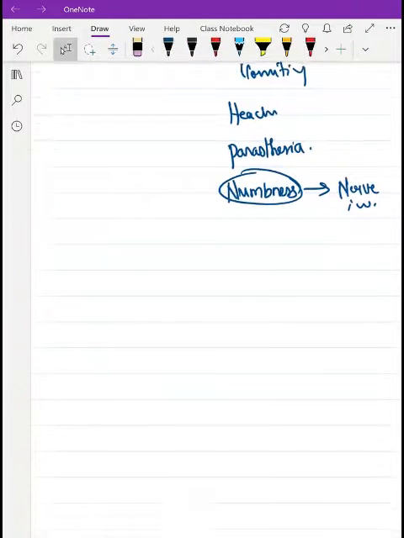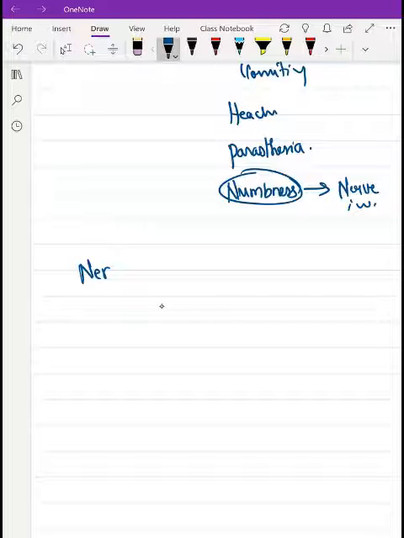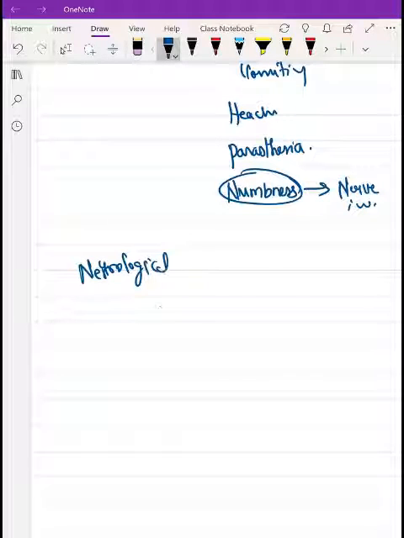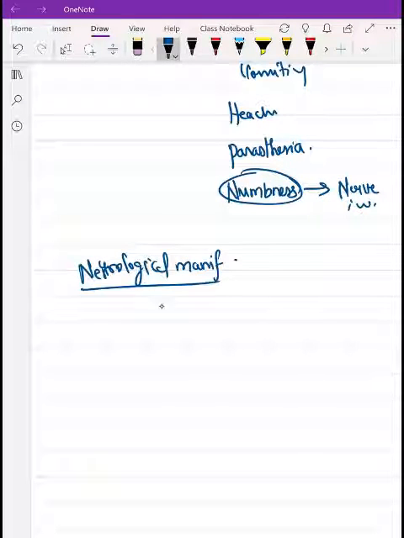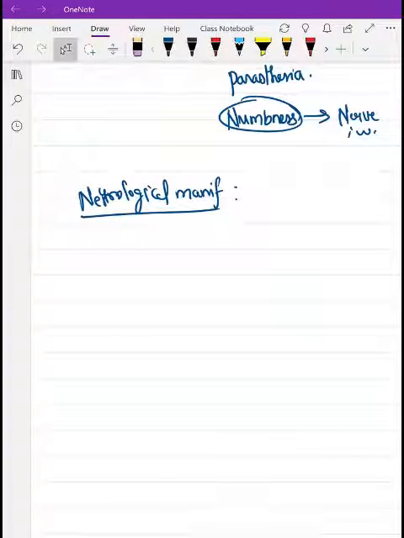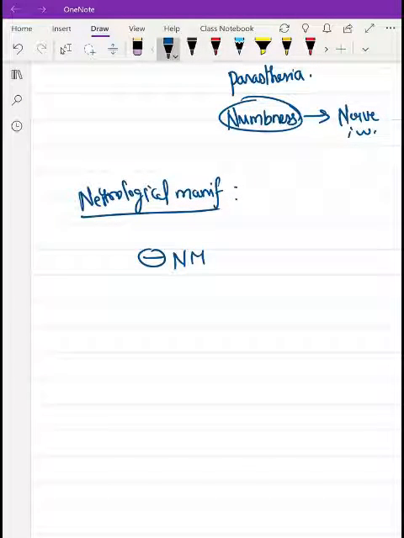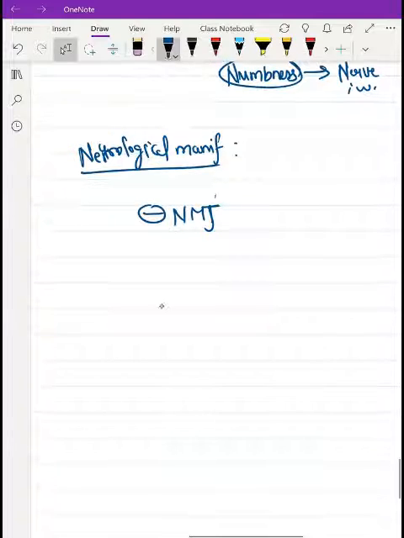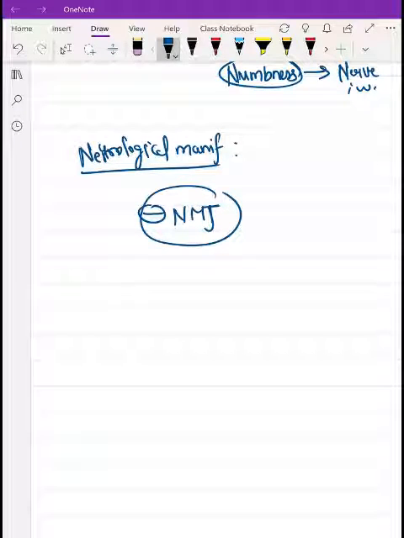Now we will talk about the neurological manifestations. They inhibit the neuromuscular junction. When the neuromuscular junction is inhibited, skeletal muscle cannot contract, so there will be paralysis or weakness of muscle.